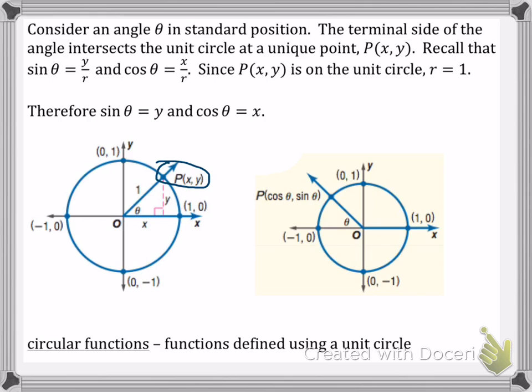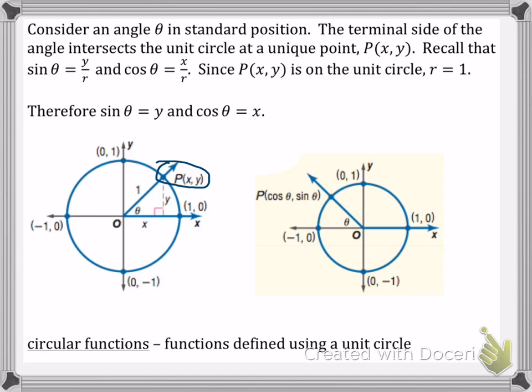Now, if you recall, sine of theta is equal to y over r, and cosine of theta is equal to x over r. Now, since P, which is x comma y, is on the unit circle and my r is always 1, that means that the sine of theta is y and the cosine of theta is x.